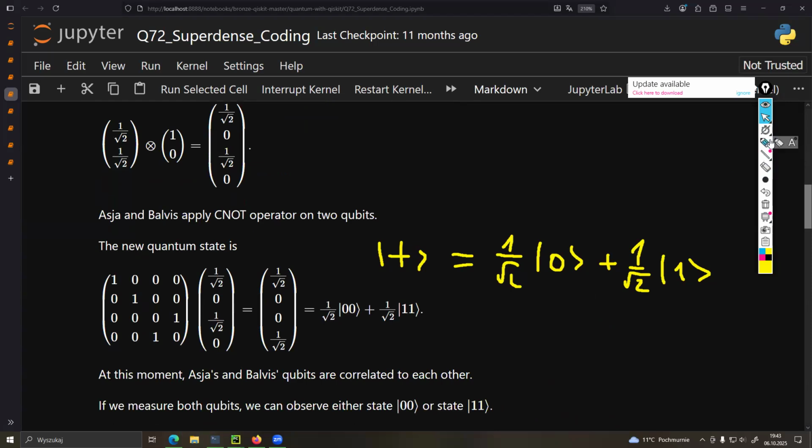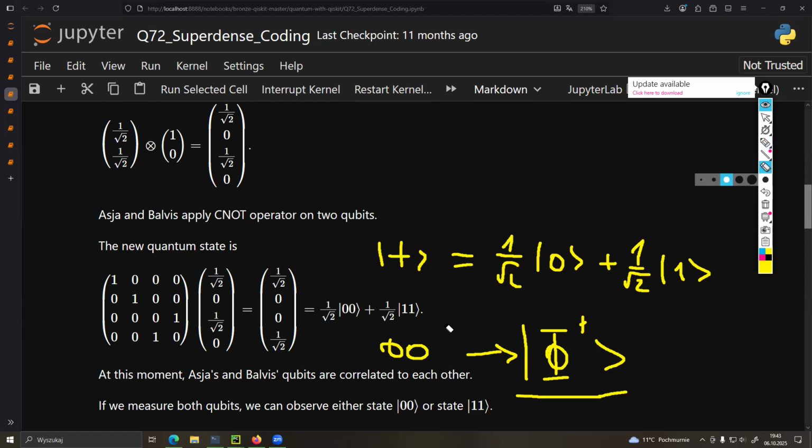So how do we come from, let's say, 0, 0 to a phi plus? This is one of the Bell states that describe this exact situation, where when one qubit is measured, the other has the same value.